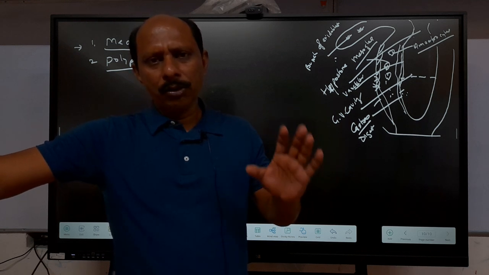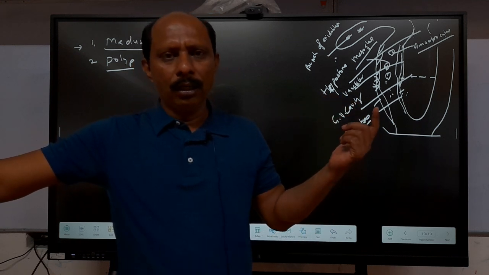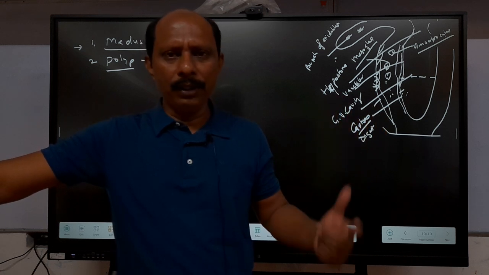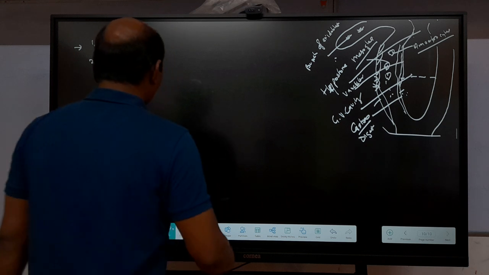and one thing is there: in sexual reproduction, development is indirect, because they show indirect development, which means they have a larval stage in between, right? The larval stage is the planula larva.